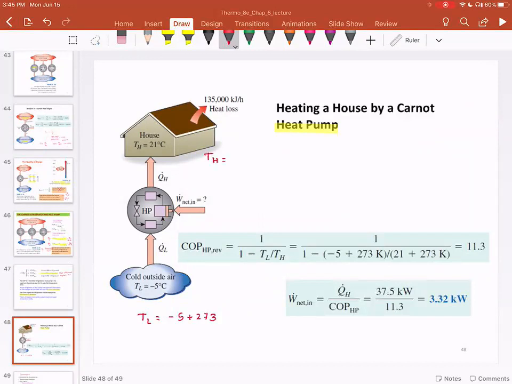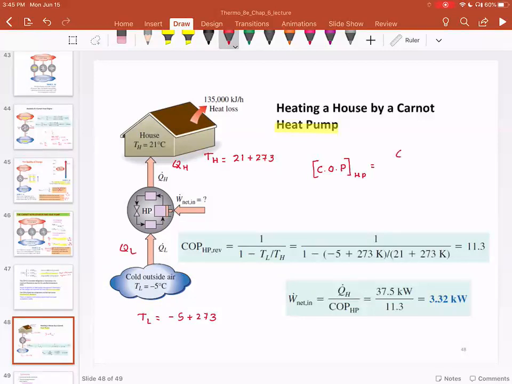The inside temperature of the house is 21 degrees plus 273. And I want to find out the coefficient of performance of the heat pump. In a heat pump, this is QH and this is QL.